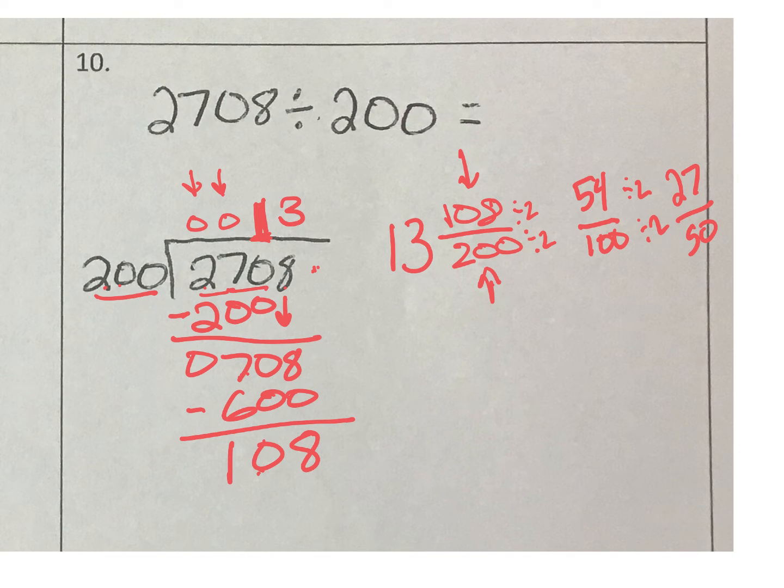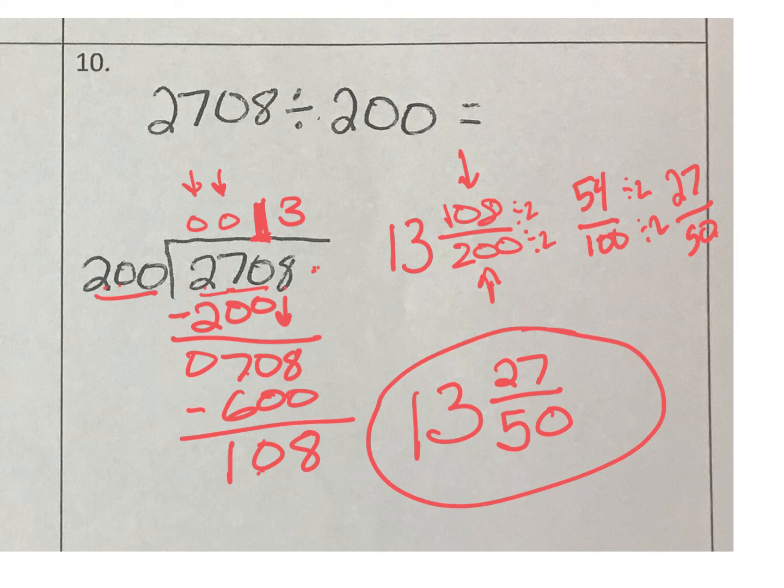Now 27, I know numbers like 9 and 3 go in there, but they don't go into 50. So I have my whole number of 13 and my simplified remainder, 27 over 50. Here is my answer.